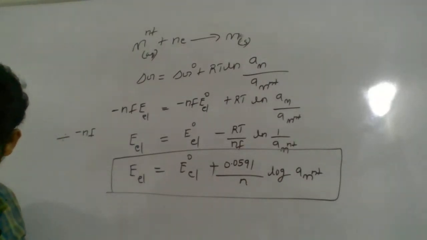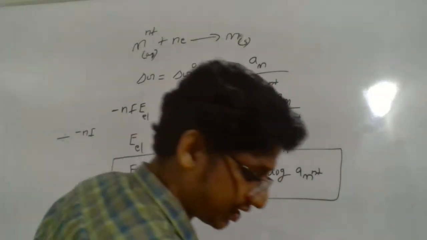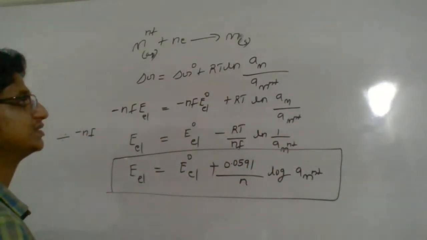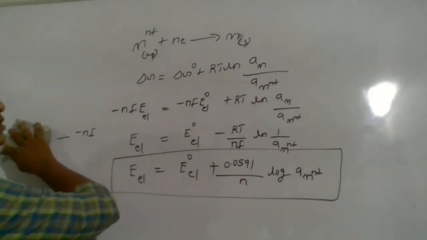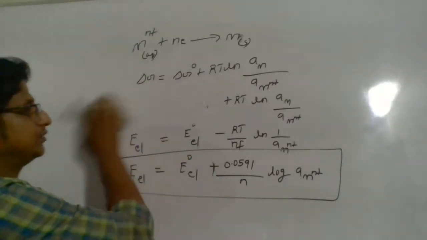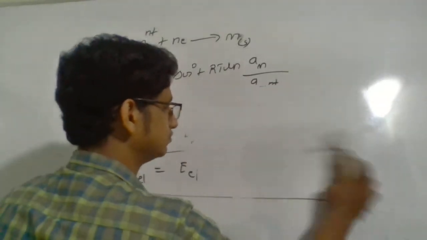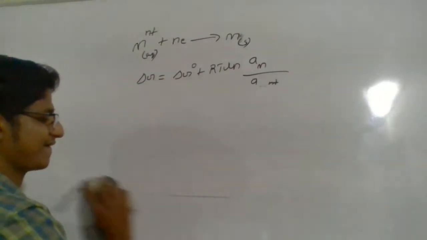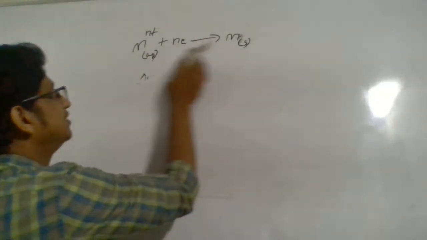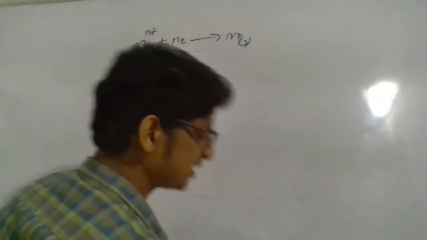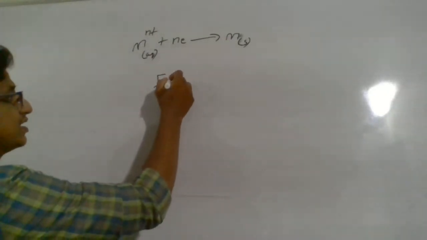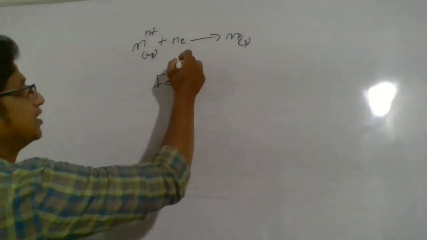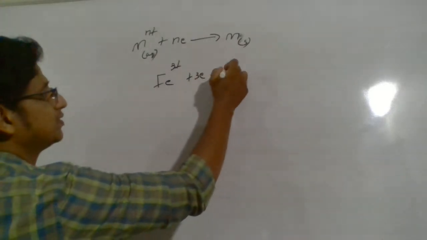Now, for a general reduction reaction, where one is an oxidized state and the other is a reduced state, let us represent it like this. One example: Fe3+ plus one electron gives Fe2+.